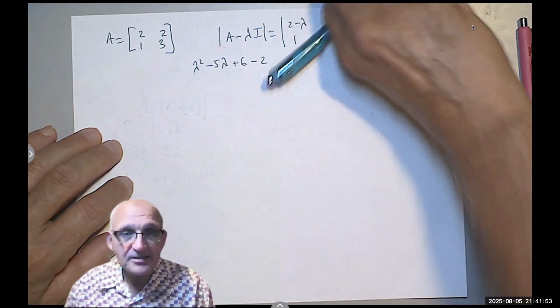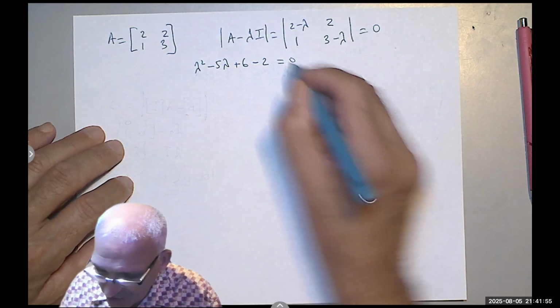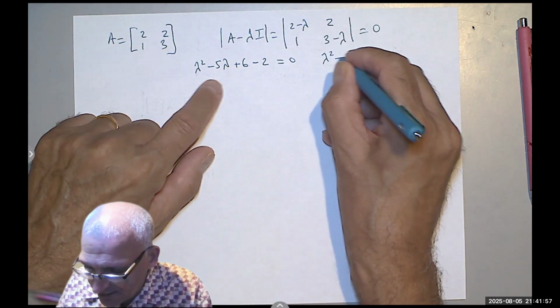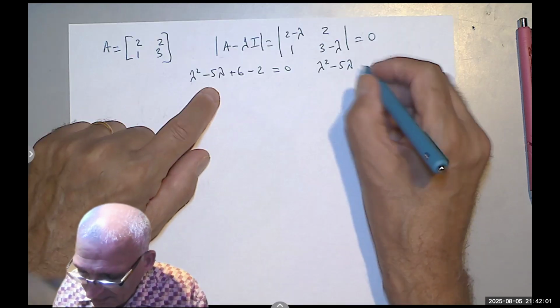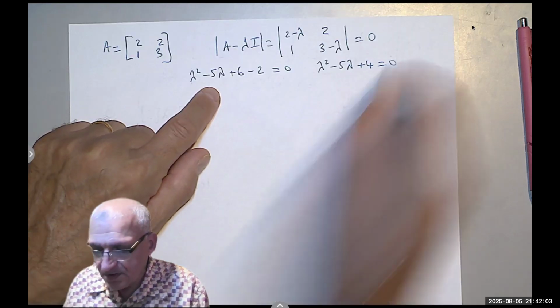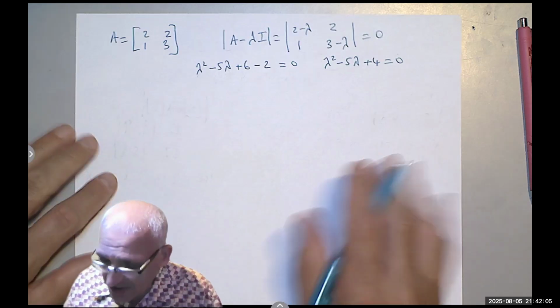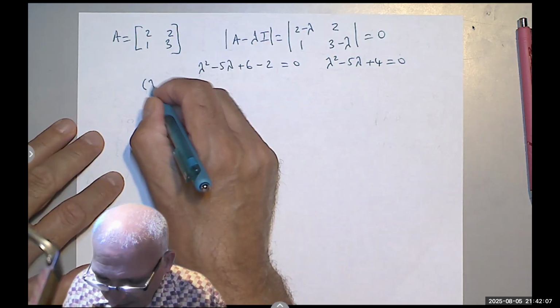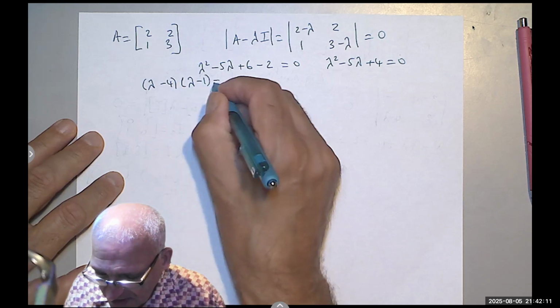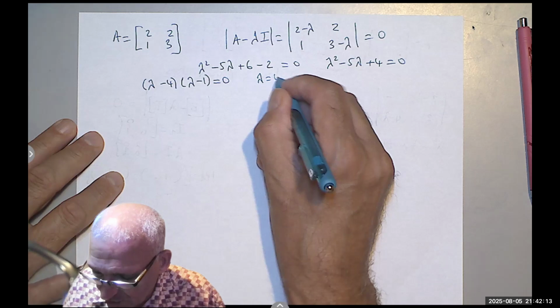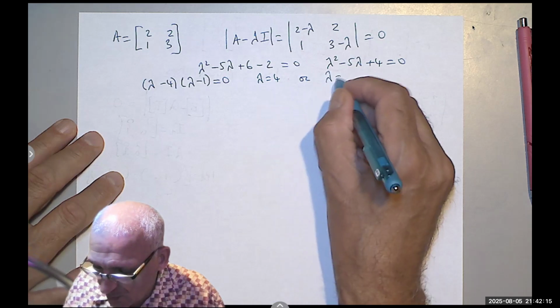This minus that. And equate that to 0. So that would be lambda square minus 5 lambda plus 4 equals 0. And that's a quadratic equation. You can factor it. So you get lambda minus 4 times lambda minus 1 equals 0. So either lambda equals 4 or lambda equals 1.